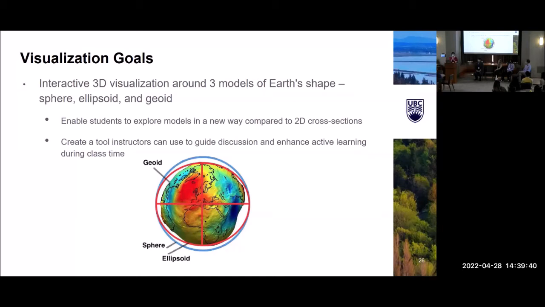Our goal for the geodesy visualization was to enable the students to explore the models in 3D to better understand their differences for referencing height and location on Earth. We also wanted to create a tool that instructors could use in class to guide discussions and encourage active learning.